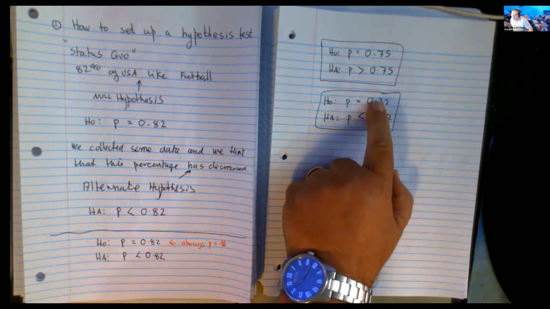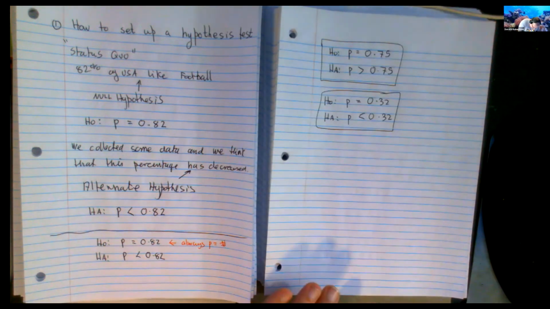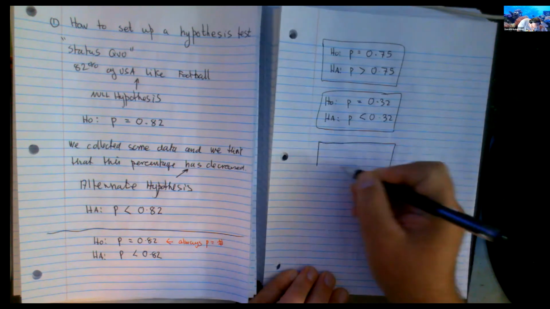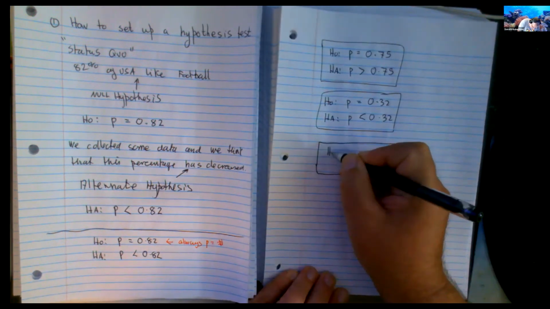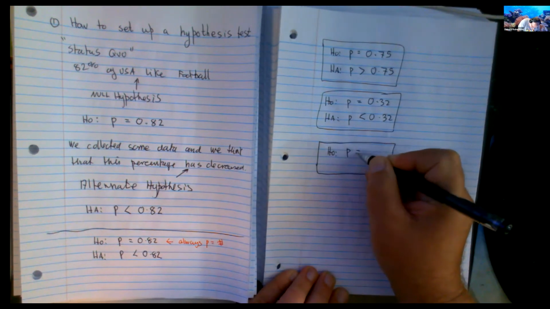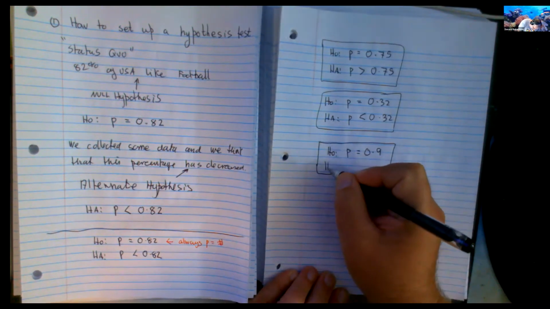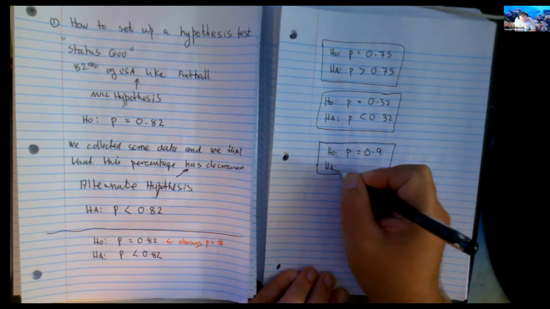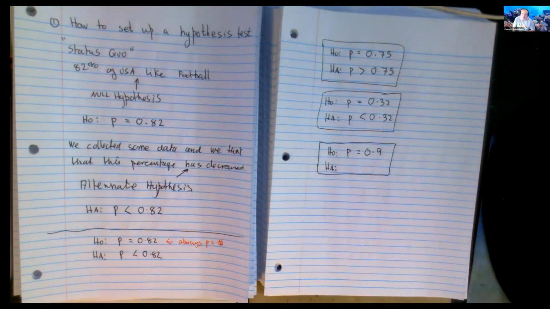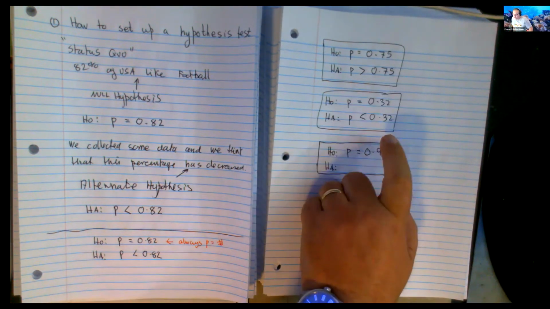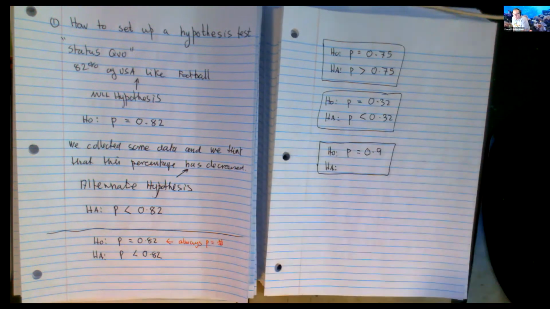This is what it used to be. And lastly, the status quo is it used to be 0.9. Any guesses at what you think the third version of a hypothesis test could be? Could be bigger than the number it used to be. It could be less than the number it used to be.